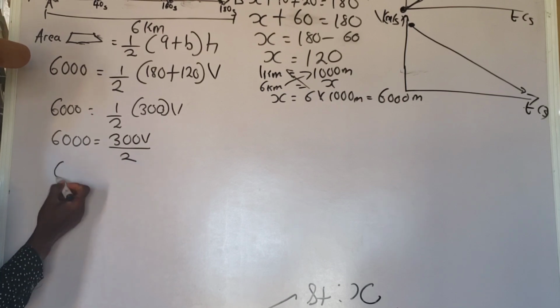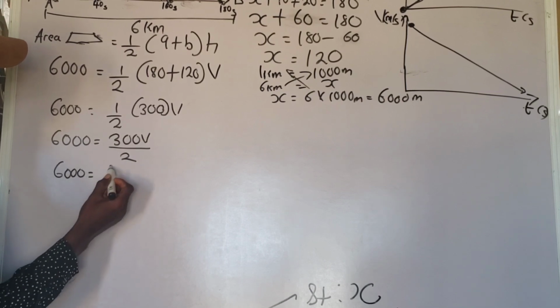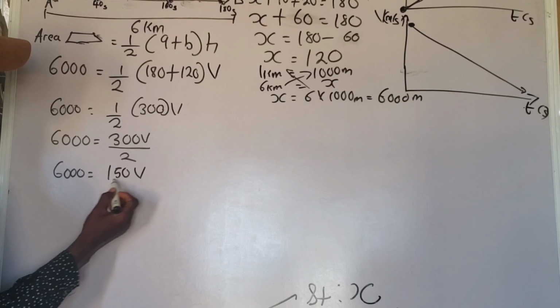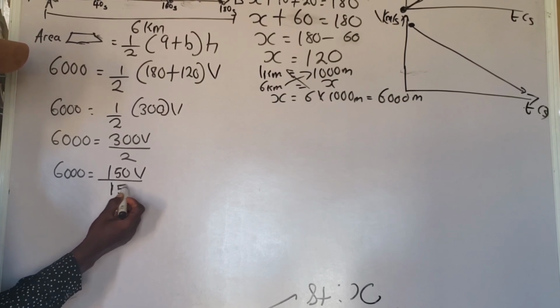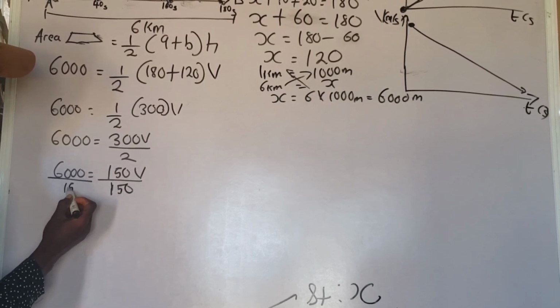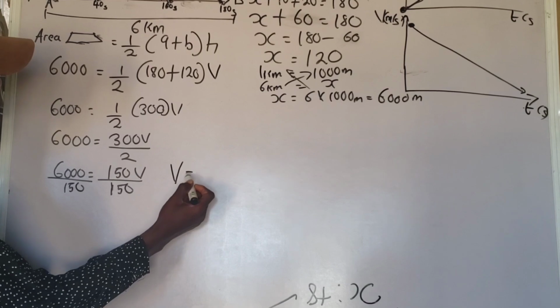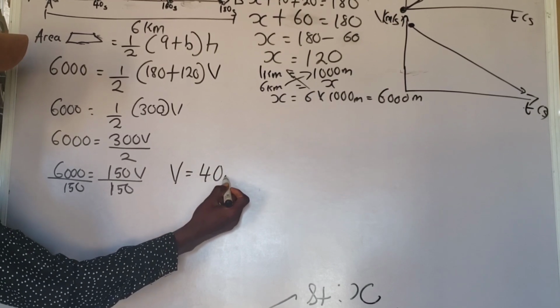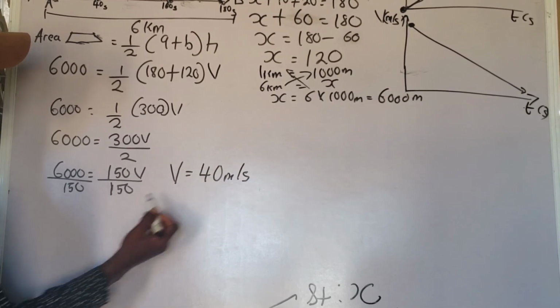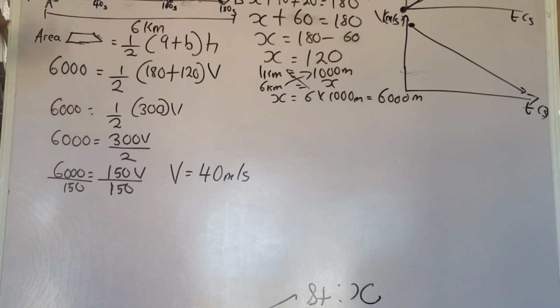So 6,000 is equals to 150v. That is the velocity. Divide by 150 over 150. So velocity is equals to 40. So that will be 40 meters per second. You understand? That is the maximum speed or velocity.